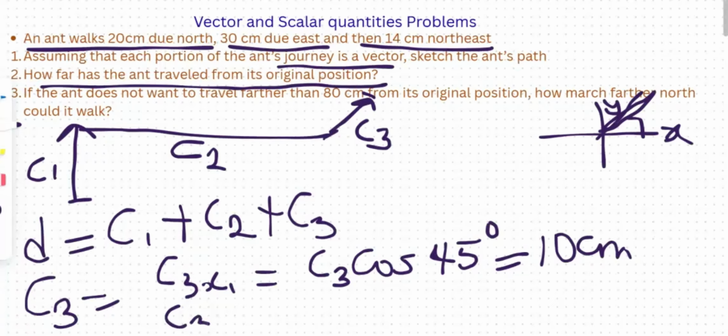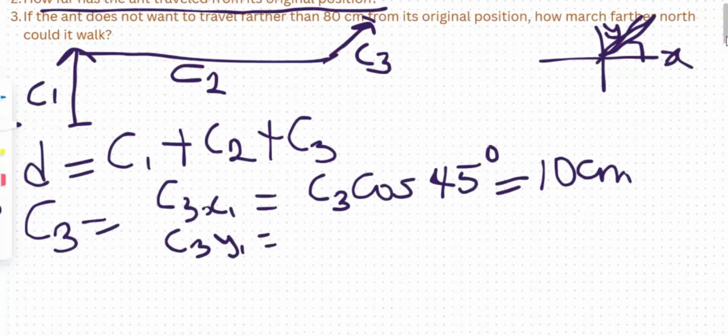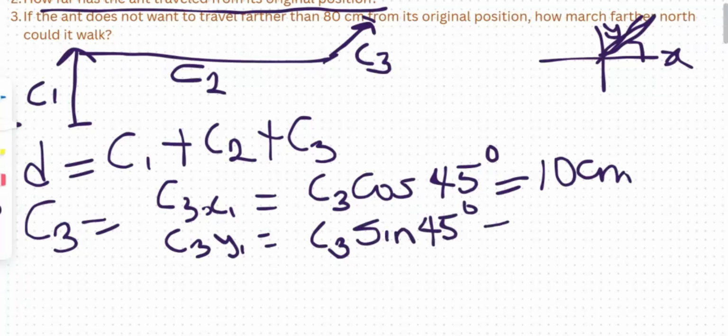Then C3y will be what? C3 sine, we're looking at the y-axis now, sine 45 degrees. And sine 45 degrees is also approximately 10 centimeters. So in this form, we now have D. What is C1?